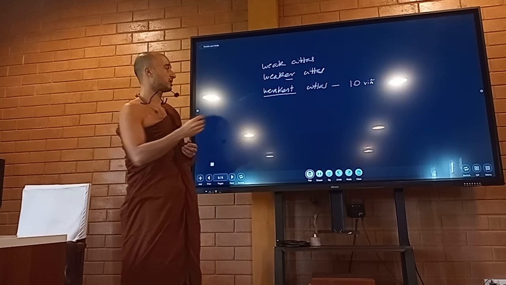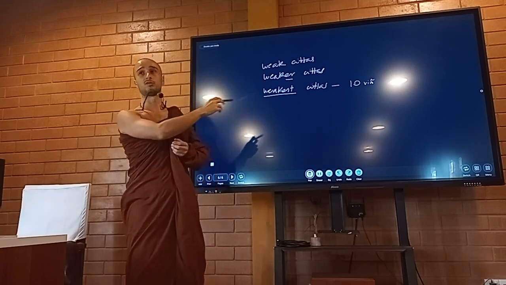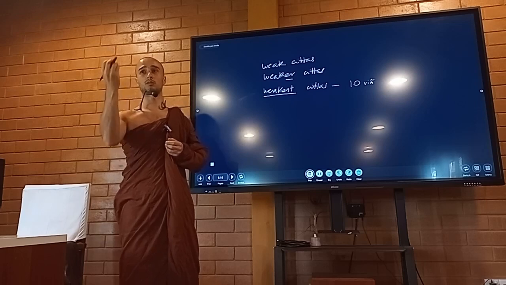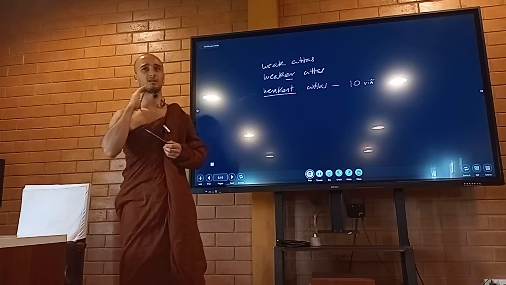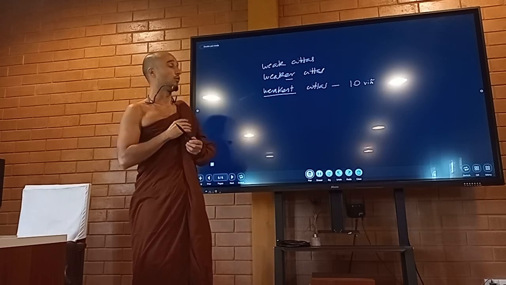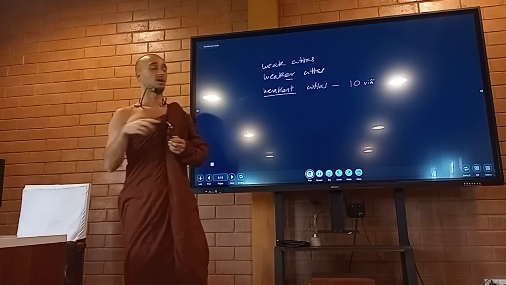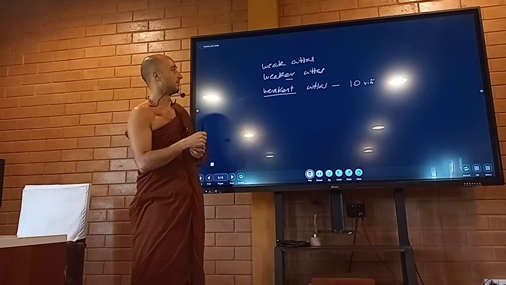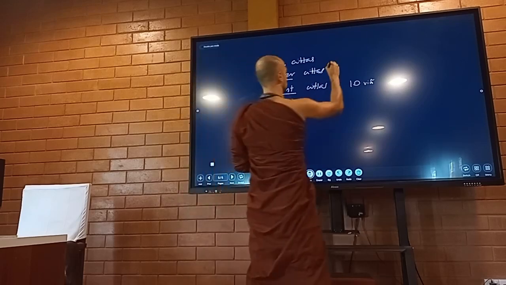Then the weaker cittas, because they arise in a different base, you know? Not Hadaya Vatthu, they arise in the other vatthus. Very weak. Just one citta finish. Right? They are very weak. Weaker cittas are a little stronger than the weakest, right? They are the first 16 ahetukas.